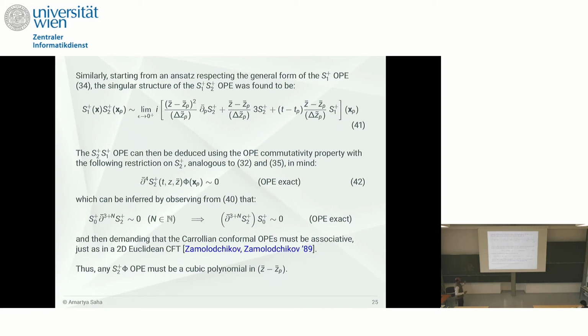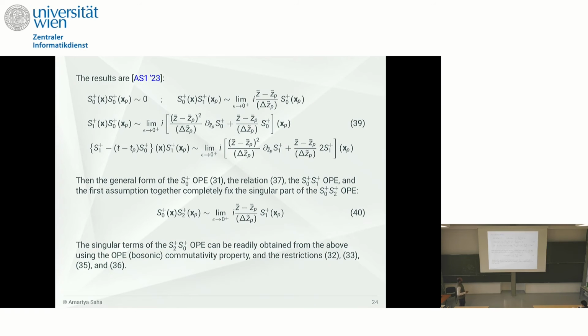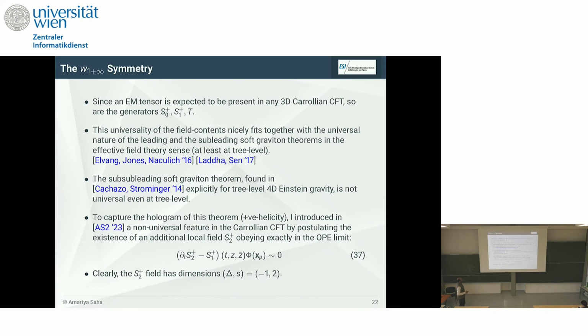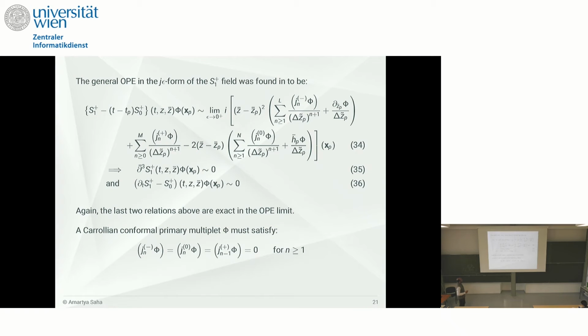One thing is that the S1 plus S2 plus OP is directly fixed by our ansatz and the assumptions. Okay. Now to fix the S2 plus S1 plus OP, we need to know whether this S2 plus operator also has this similar kind of truncation property.